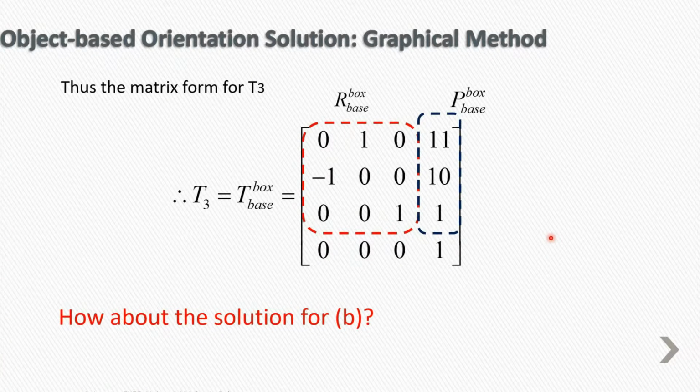Okay, it depends on the person whether they want to use a calculation method or the graphical method, because some people like to use a calculation method because they are good in mathematics, and another person is good in logic, so they prefer to use a graphical method.